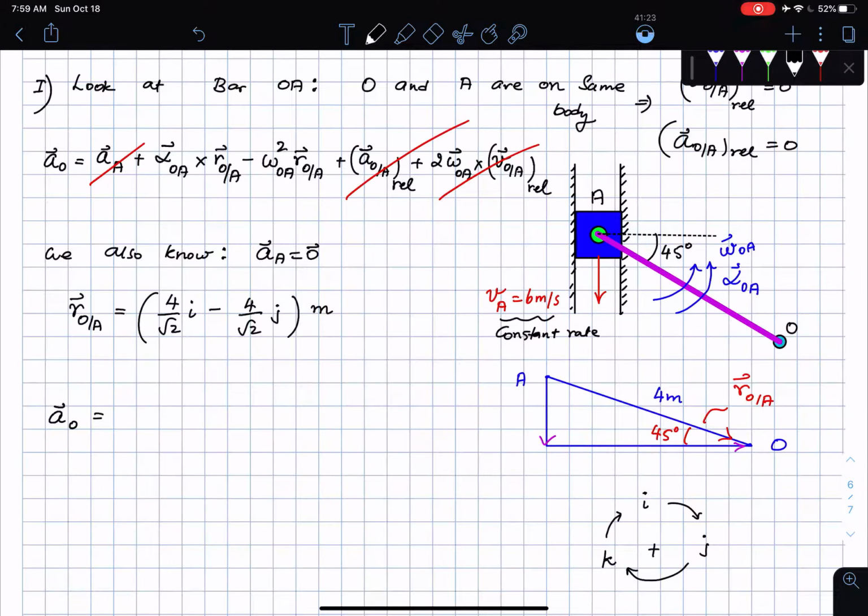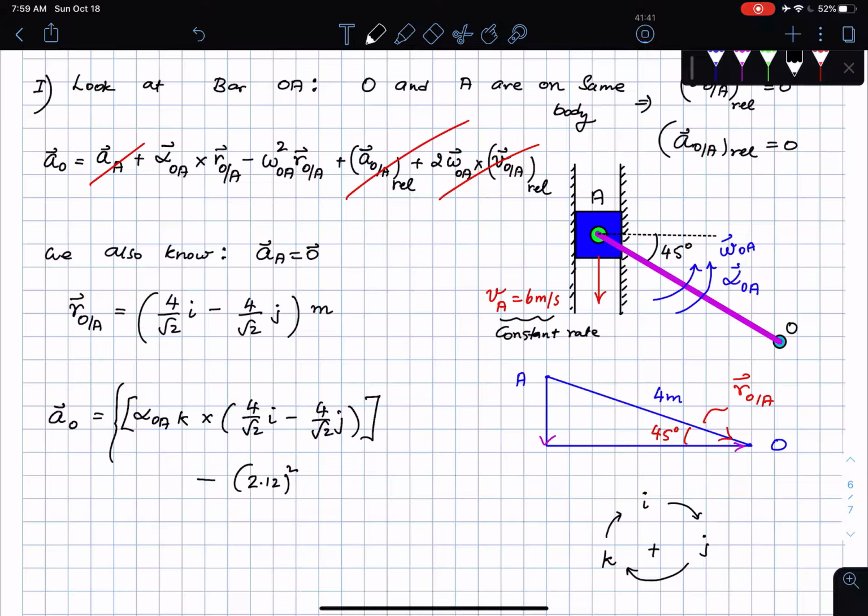So alpha OA is alpha OA in the K direction crossed with 4 by root 2 I, 4 by root 2 J, and then I'm going to have minus omega square OA, which is 2.12 square.